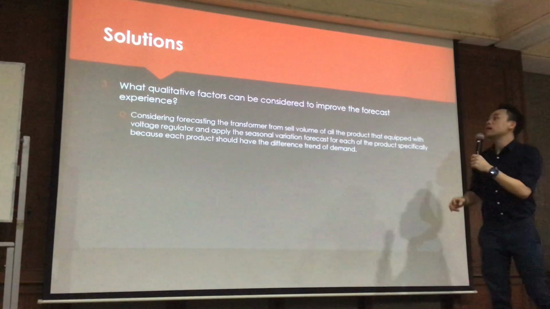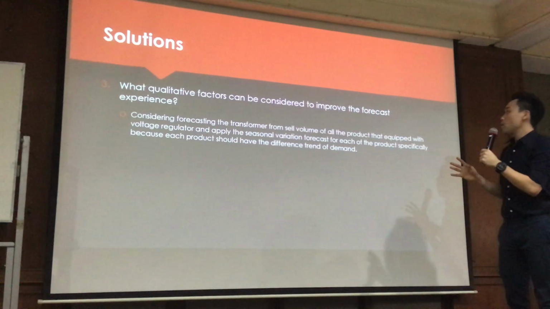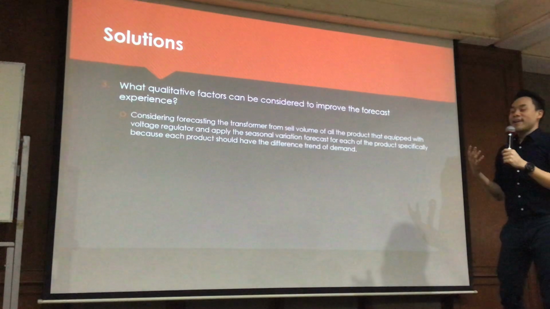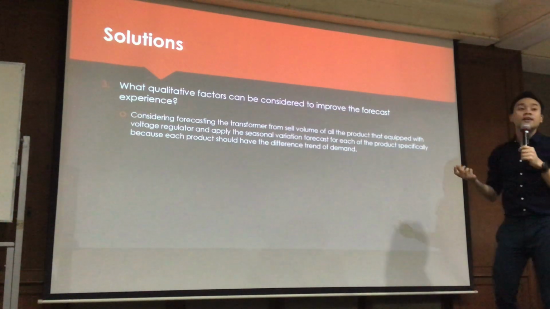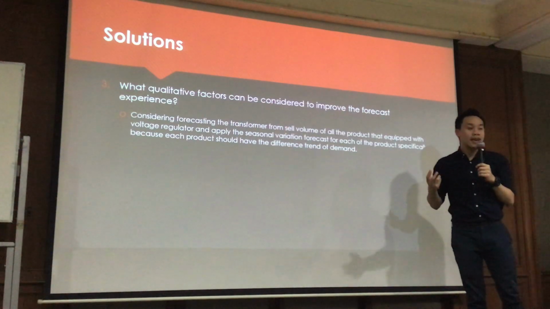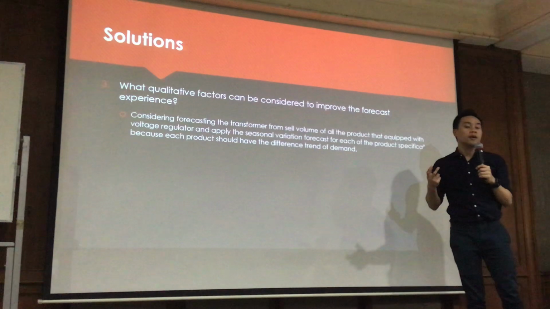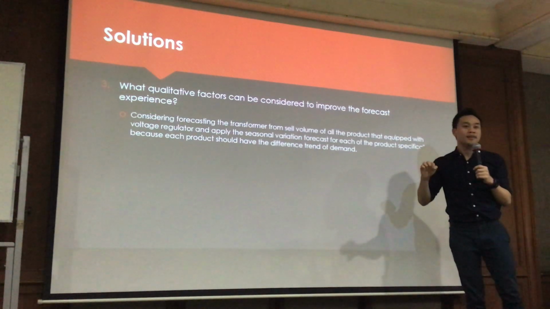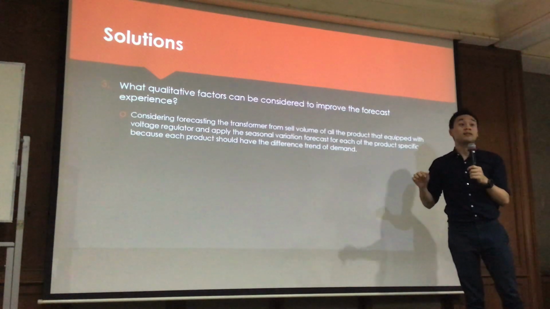And then the last one, what would we suggest this company to improve if they want to have an effective forecast? In the beginning of the case, they said that they started the forecast by using only the demand for transformers that used to sell with the voltage regulators.